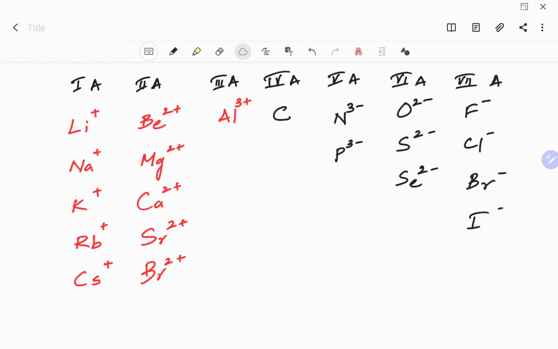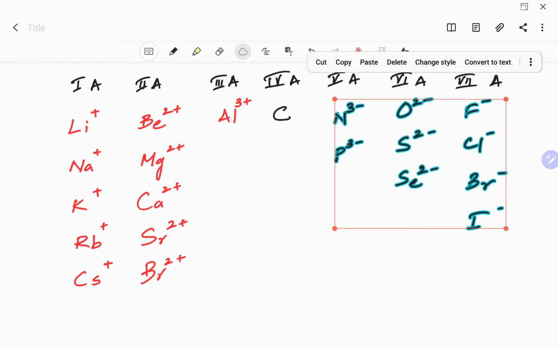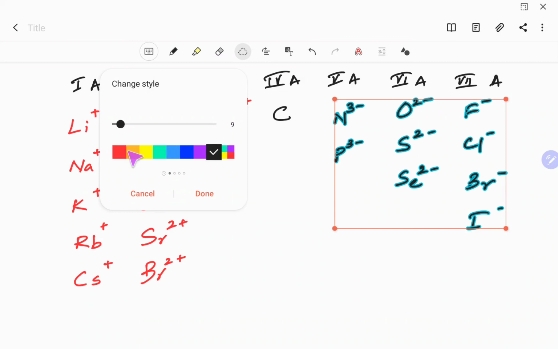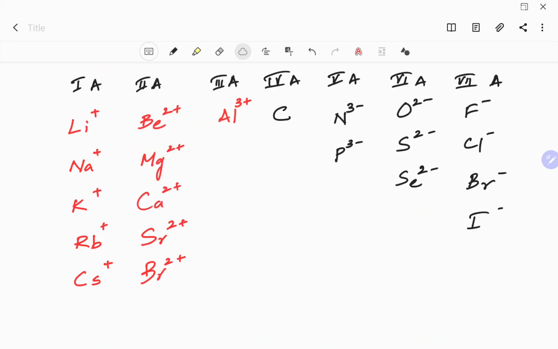Either you memorize all these charges, or you figure it out from the group number. Based on the element, I want you to figure out the charge, or I want you to memorize the charge, because no one will tell you the charge of these metal cations or non-metal anions.